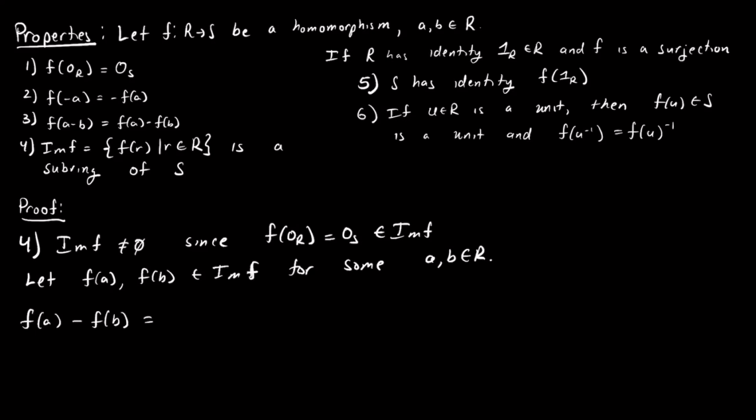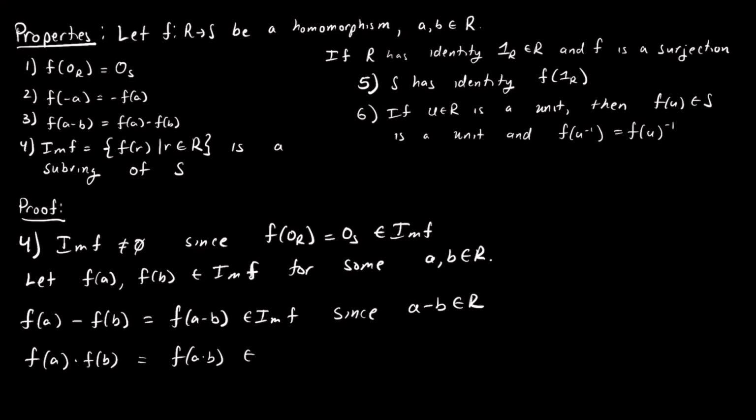By property 3, this is f of a minus b, and this is in the image of f since a minus b is in R. We know that if a is in R and b is in R, then a minus b is in R. Also, I know that f of a times f of b, since f is a homomorphism, is f of a times b. This is in the image of f, since a times b is in R. R is closed under multiplication.